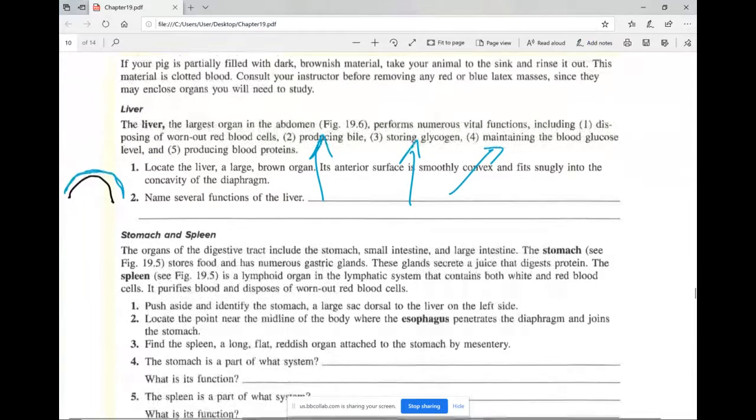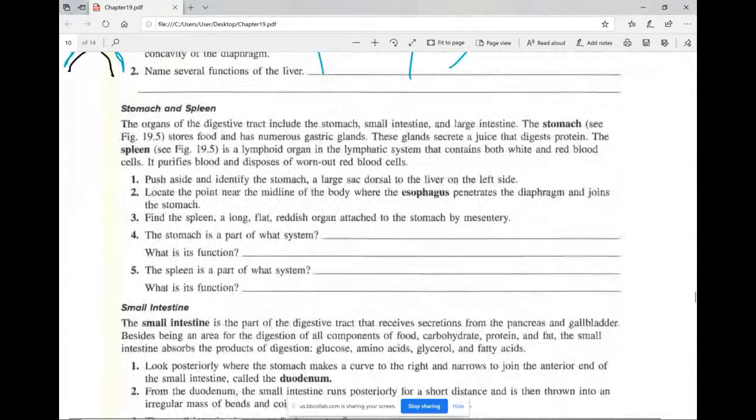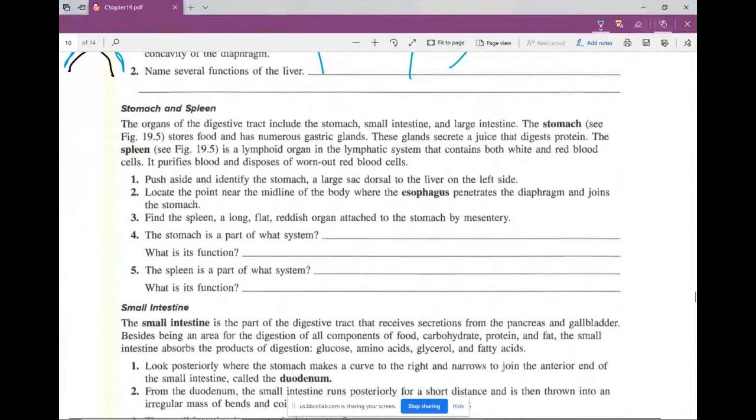And the stomach is part of what system? Of course, you know it's digestive. What is its function? Okay, I gave you the answer to that in the PowerPoint. The spleen is part of what system?